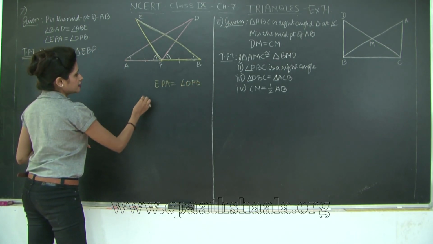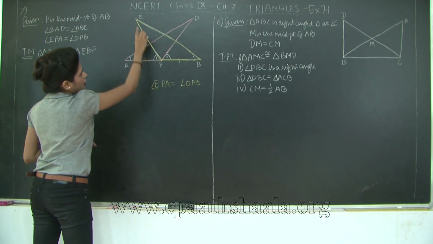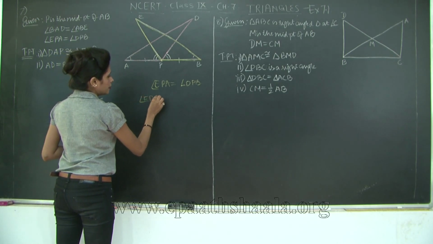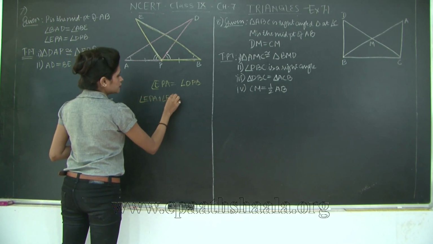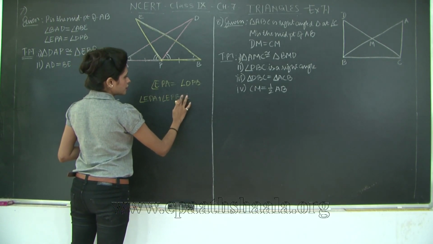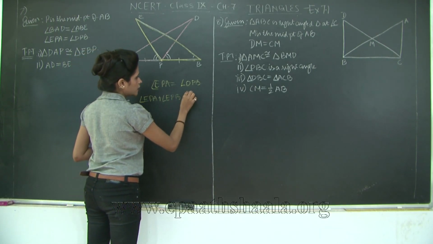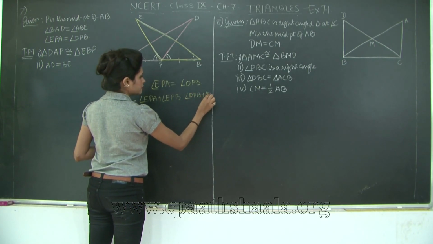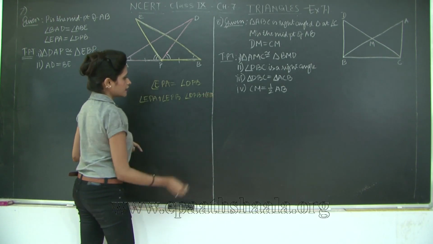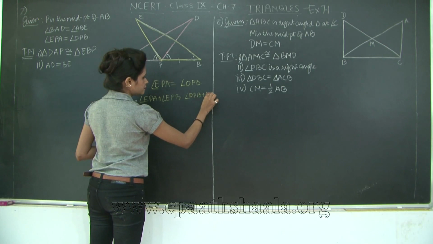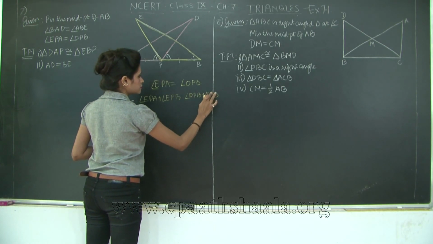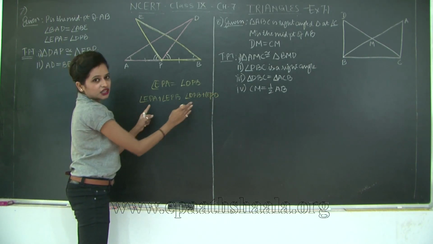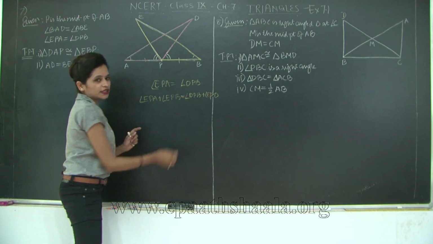Now if I add angle EPD to both the sides, EPA plus EPD is equal to DPB plus EPD, correct? Now already these two are equal, and we are adding equals to equals, therefore the wholes are going to be equal, correct?